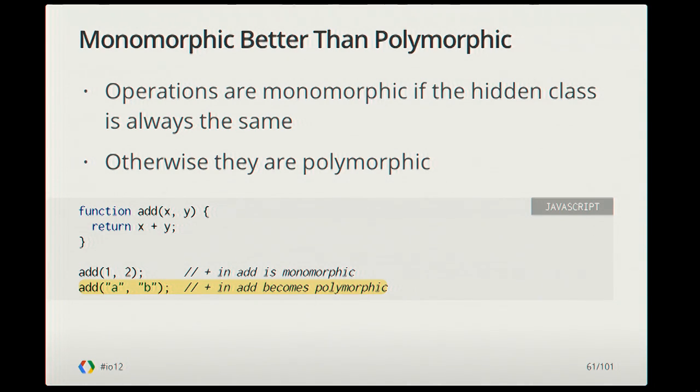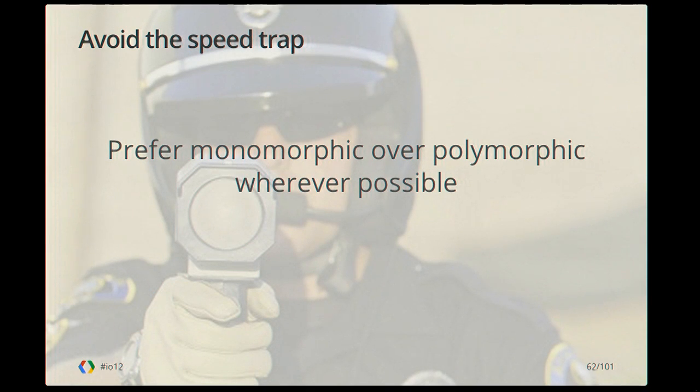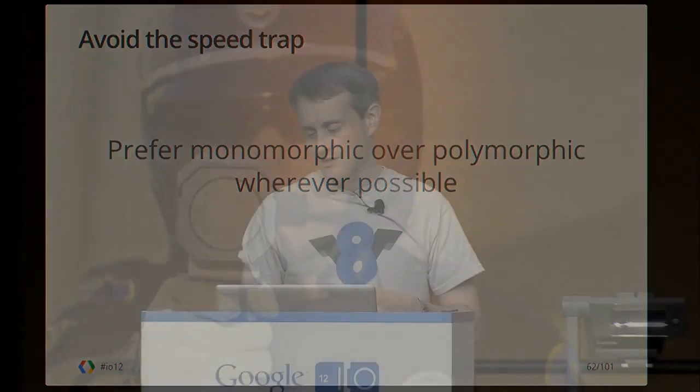And at that moment, it becomes polymorphic. And it becomes more difficult for V8 to generate good, really efficient code for that plus operation. So the speed trap to avoid here is wherever possible, don't try to mix operations or objects of different types in specific operations at a particular place in your code. Prefer monomorphic code to polymorphic code wherever you can.